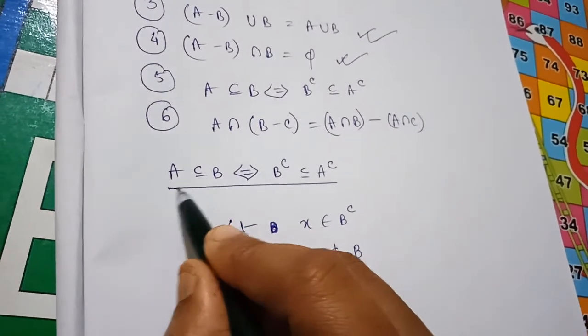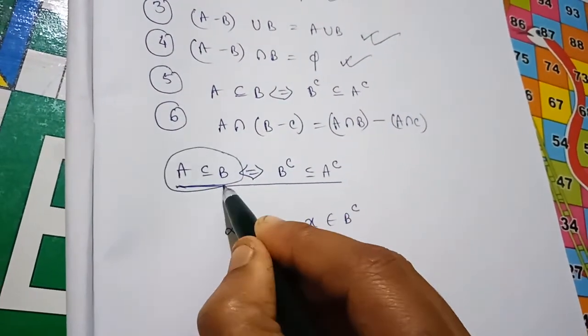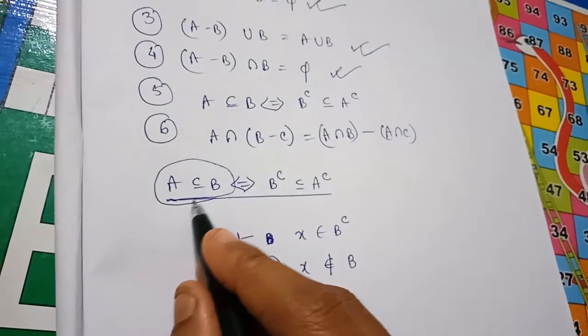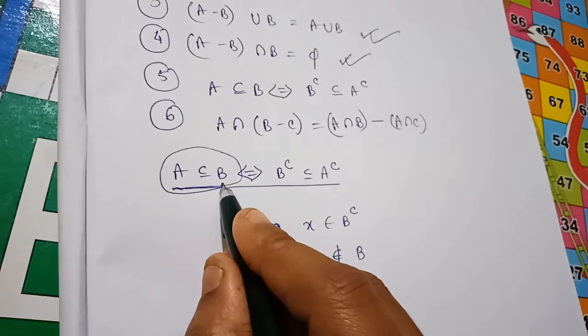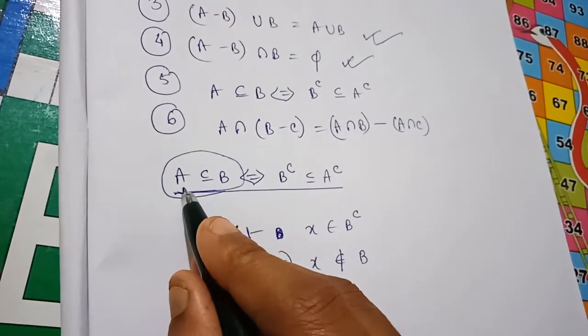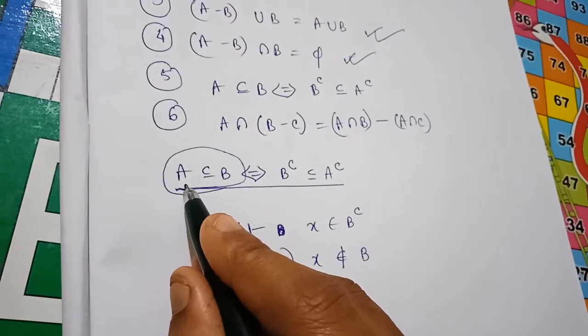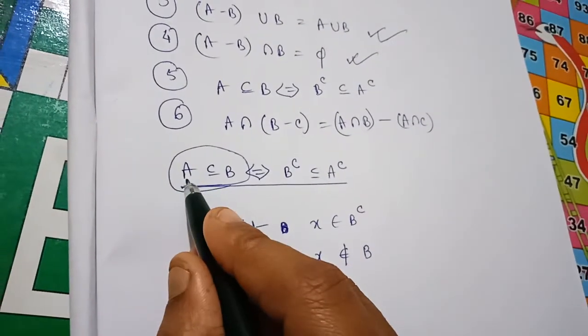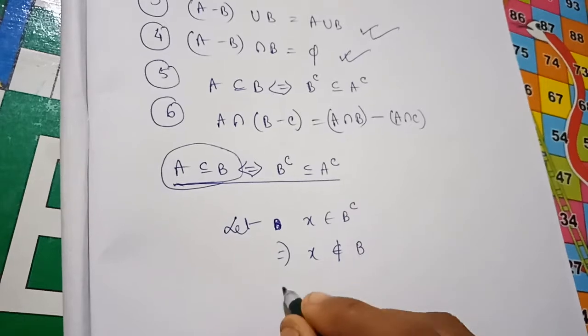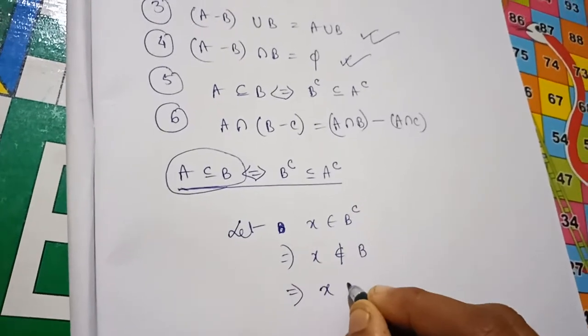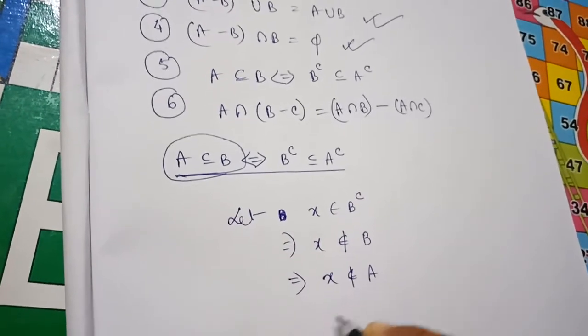Here it is the given condition. So B is the biggest set and x is not there in the biggest set. So there is no chance for x to be in A. So we will be writing x doesn't belong to B, that implies x doesn't belong to A.